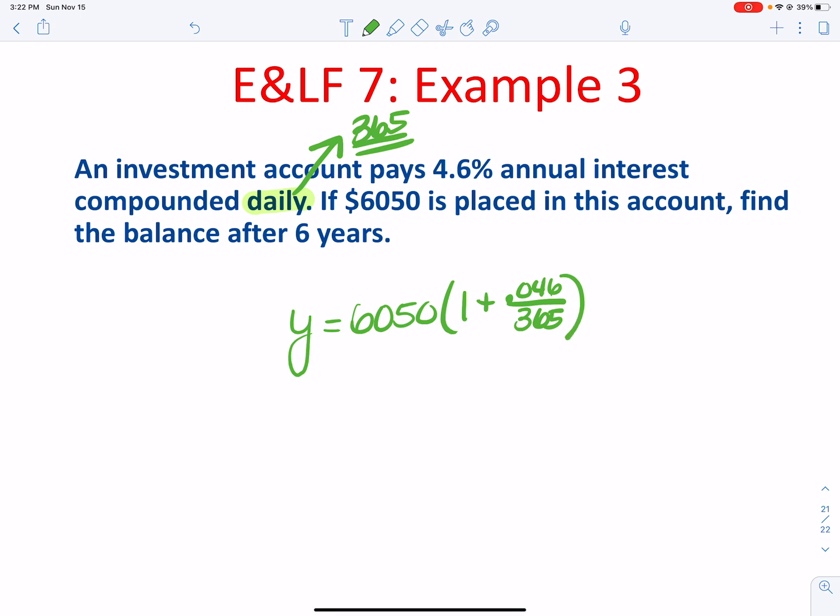So you're going to divide by 365. So then you are going to do 365 times 6 because you're doing it 365 days a year. You're doing it every single day. But then what you're doing is you are doing it for 6 years. So you're doing that whole thing, and hopefully I can do this on a phone calculator without too much problems.